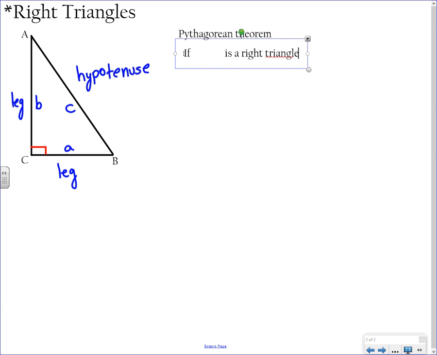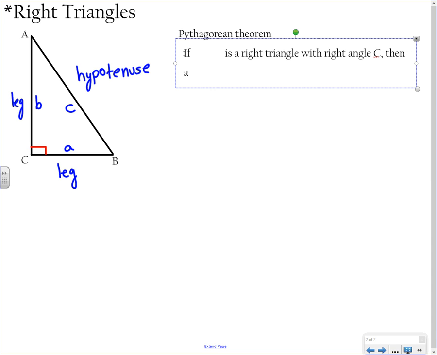If triangle ABC is a right triangle with right angle C, then a square plus b square is equal to c square.